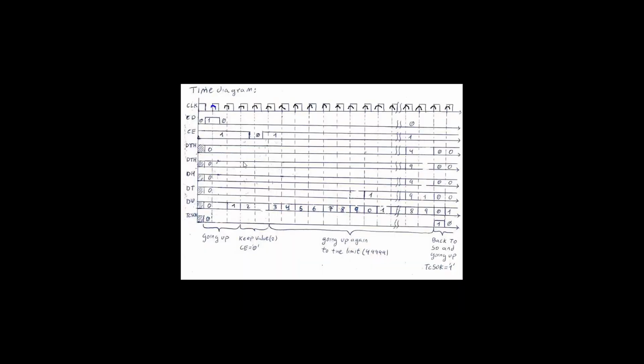In this timing diagram, as previously explained, we can see how the counting happens. Maybe the most relevant part is when count enable goes to 0: the state stays the same, here at 2, and will only add 1 unit at the next rising edge with count enable equal to 1.